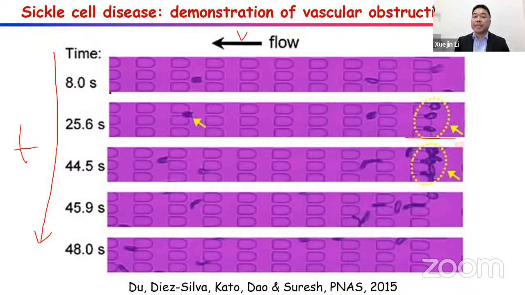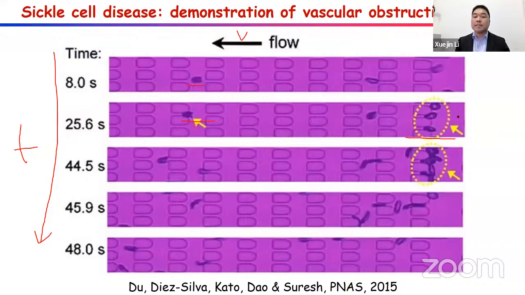In the normal condition, the sickle cells are deformable, so all of them can pass through the tiny microgate. So there's no blockage at the microgate. When the oxygen level is removed, we can see some cells sickle and get stuck at the microgate, like this one and these three ones.